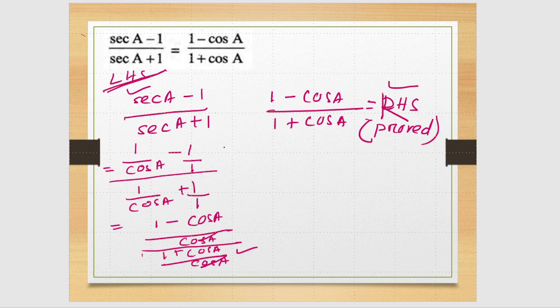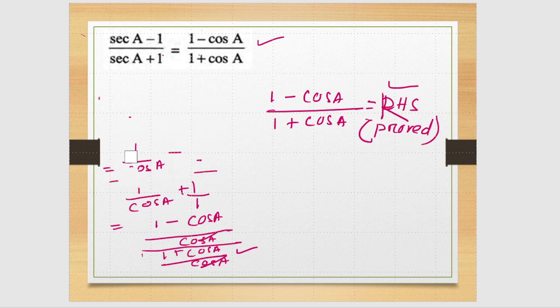Now in this question let's see by taking RHS whether we can prove the LHS or not, so that you can confirm whichever side you take, you can prove the other side. So let's start. Erase this part, and we will take the RHS. What is that? (1 minus cos a) by (1 plus cos a).